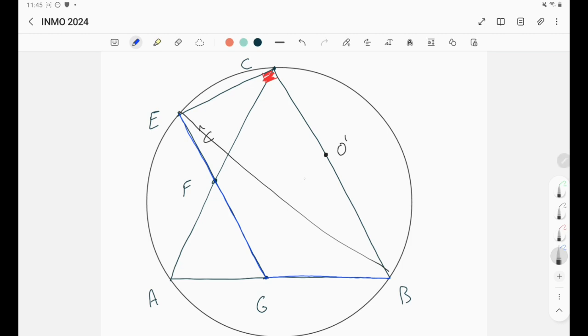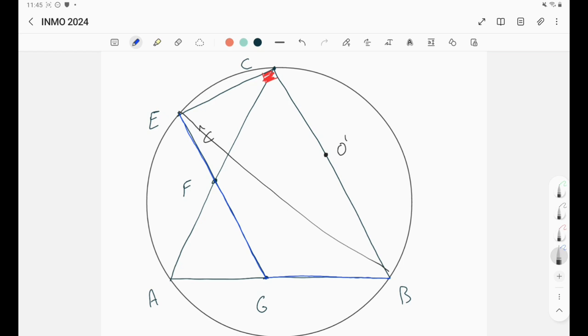For example, you can choose the circumcenter and then show it lies on the side. Or maybe you can take a perpendicular bisector here and let it hit this side at a point and show that this point indeed is the circumcenter. Another option is to choose this perpendicular bisector. So you have many options. Probably many of them solve the problem.